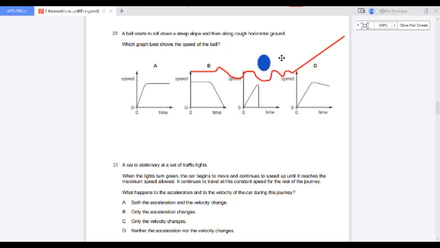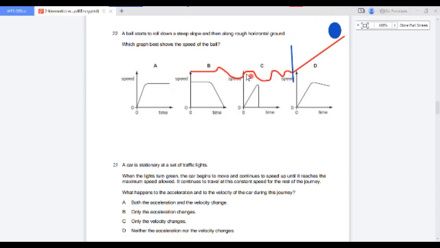So we will have two portions in a graph. Till here the graph must have an increasing part, and after this, during this portion, the graph will have a decreasing part.